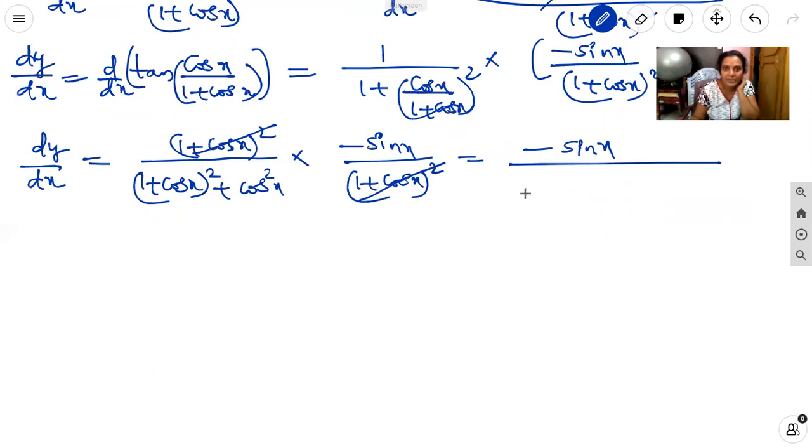whole by a plus b whole square, a square plus b square plus 2ab, that is 1 plus 2 cos x plus cos square x.